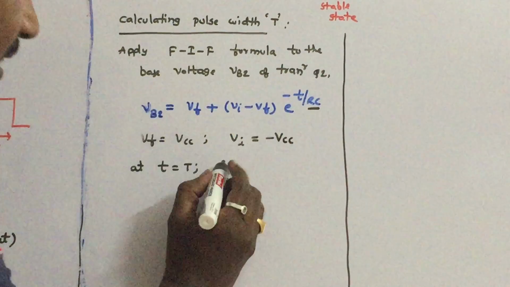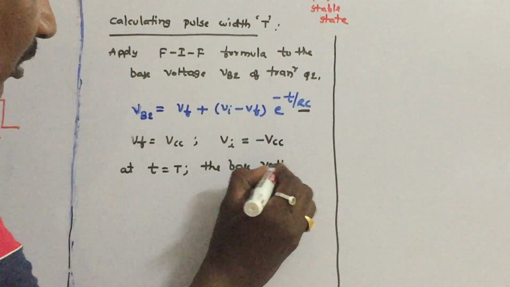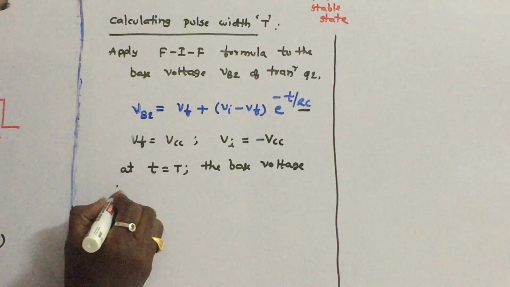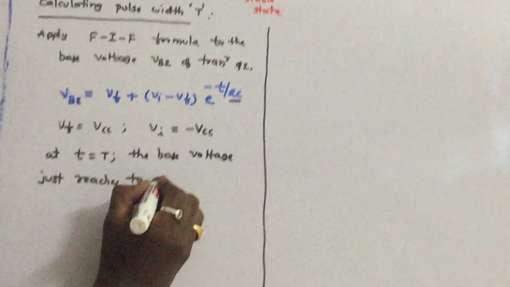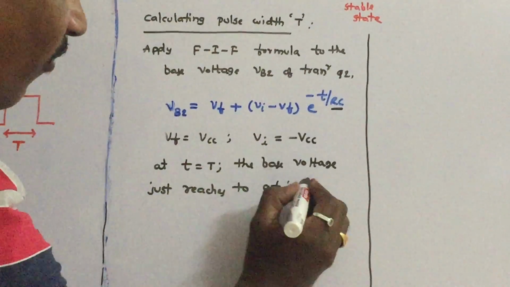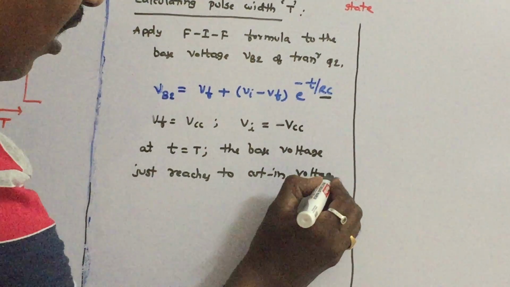At T is equal to capital T in this formula, the base voltage just reaches the cut-in voltage of Q2, same as in the derivation of astable multivibrator. So let us substitute these parameters in this equation.